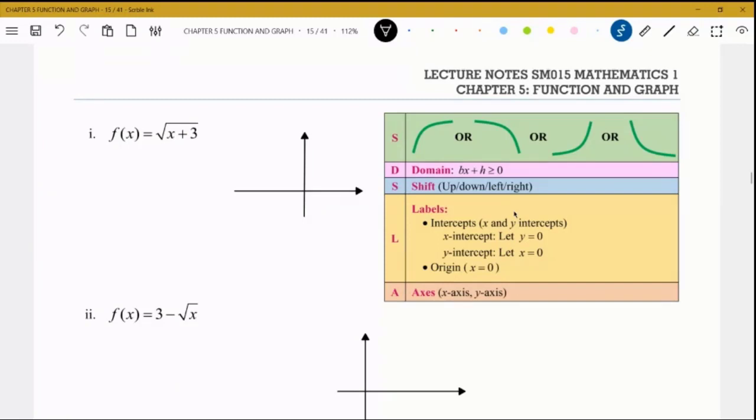So bentuknya lies pada kuadran yang pertama. Okay, but then dalam square root menentukan starting point ataupun domain dia. So x plus 3 always greater than equal 0, x greater and equal to negative 3. Bermaksud graf kamu akan bermula pada negatif 3 ke kanan.